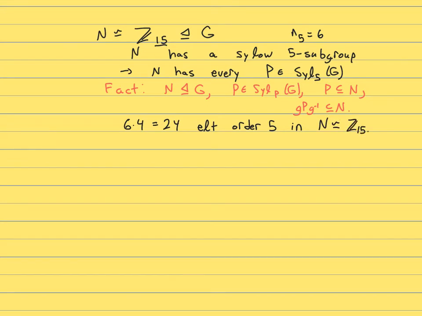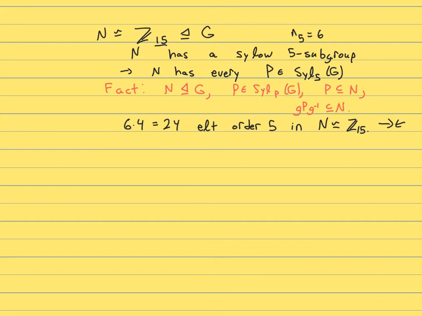You can see the contradiction. This isn't possible. There's too many elements. So there's a contradiction here. Alternatively, we have these 6 Sylow 5 subgroups that are subgroups of N, but N is isomorphic to Z mod 15Z, which has only one subgroup of order 5. So this isn't possible. So what must the contradiction be?